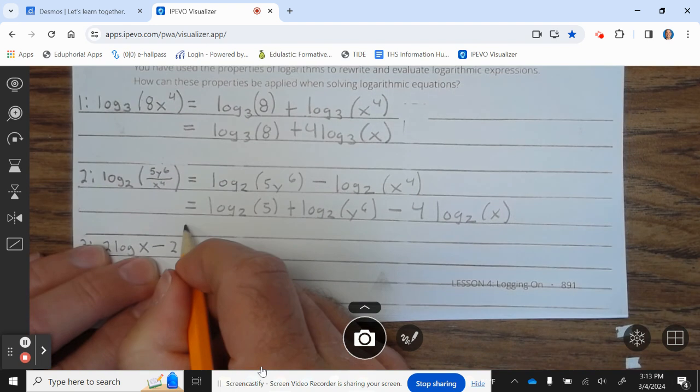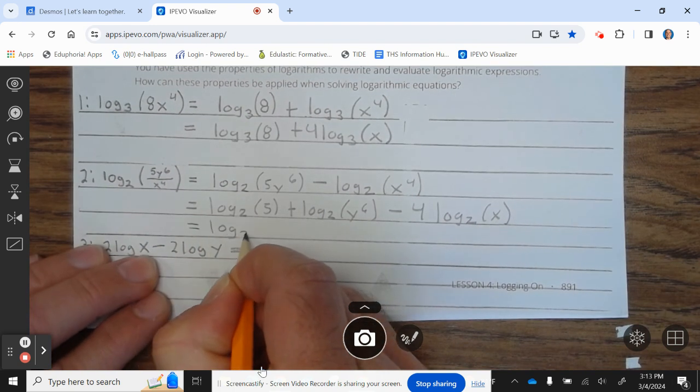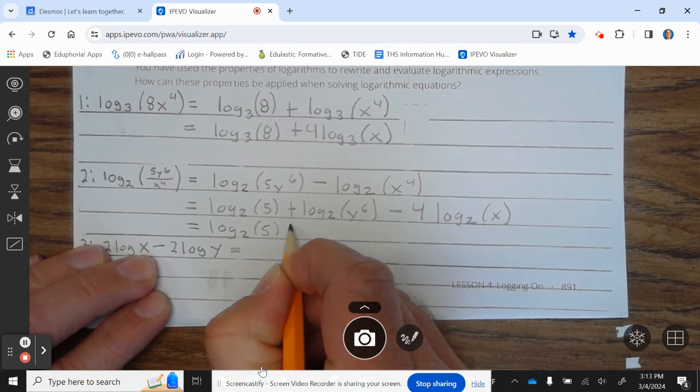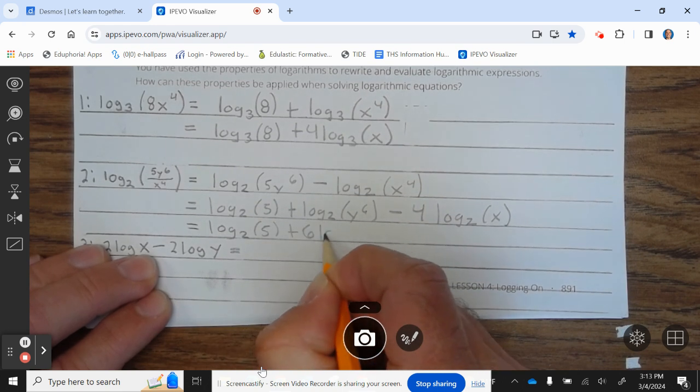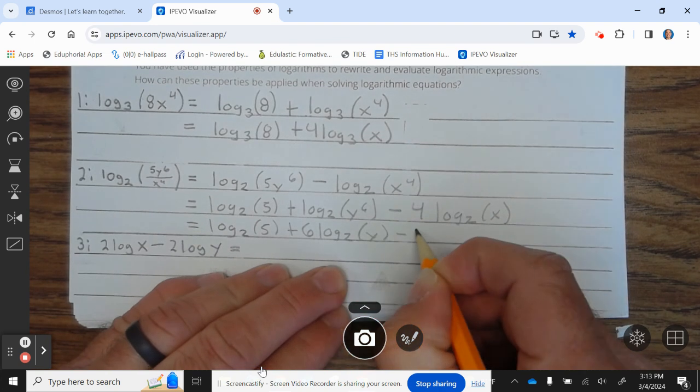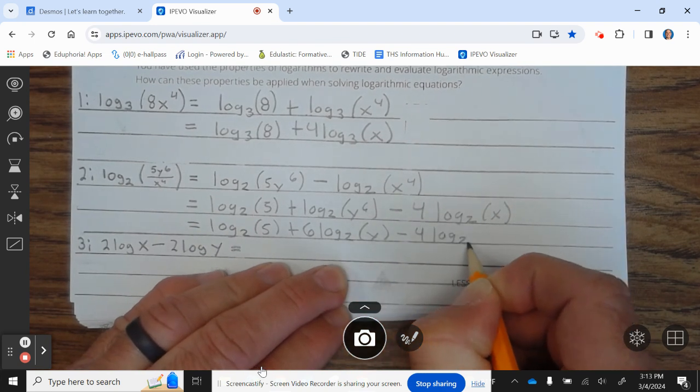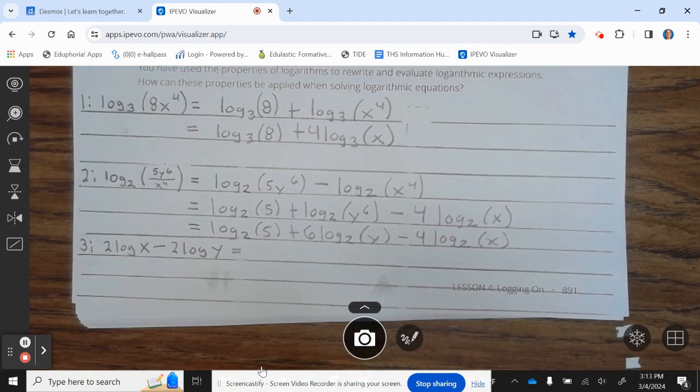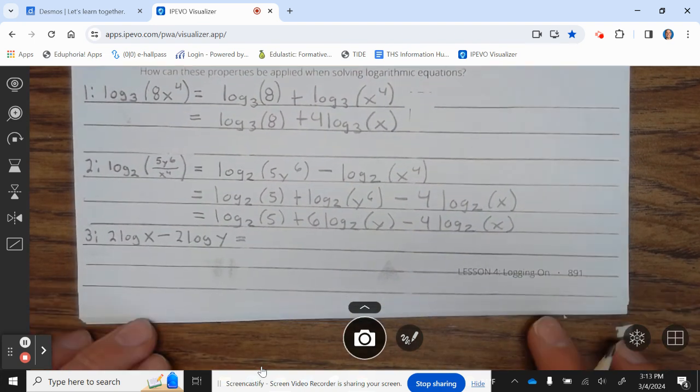And then that can be rewritten as log base 2 of 5 plus 6 log base 2 of y minus 4 times log base 2 of x. All right, go ahead and finish up number 2.